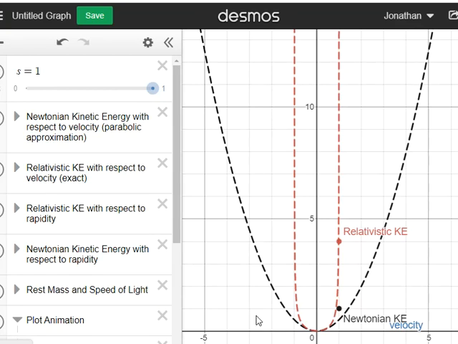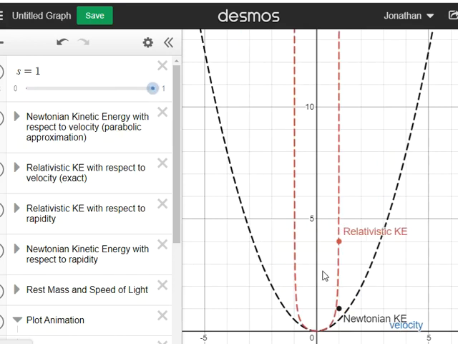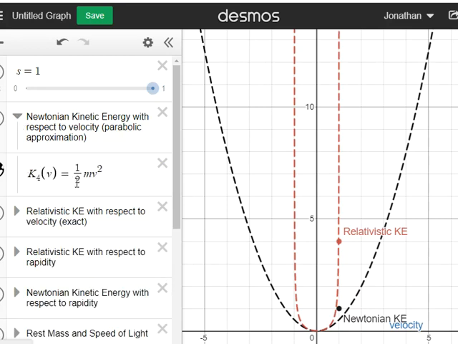So I'm going to take a second here to describe the graphs of kinetic energy versus velocity, and kinetic energy versus rapidity. In the kinetic energy versus velocity, you can see that the Newtonian kinetic energy with respect to velocity is just 1/2 mv squared. That's this black line here, and that is just a parabolic approximation of what kinetic energy you would get.